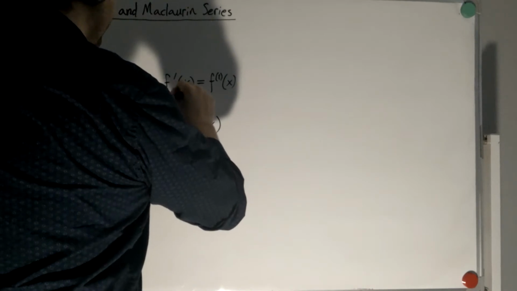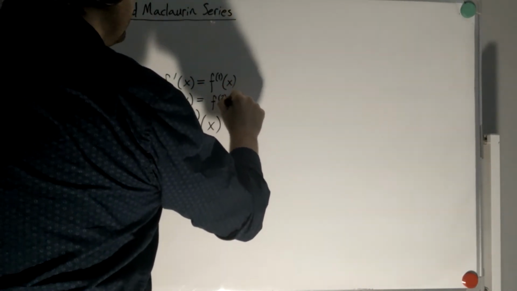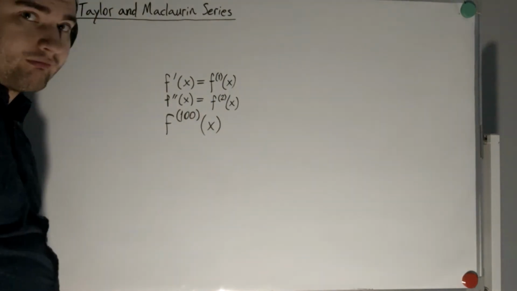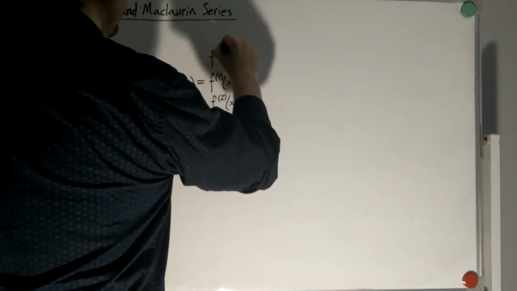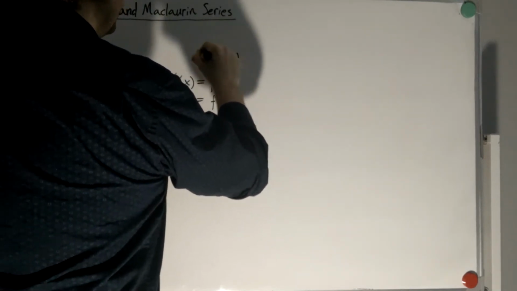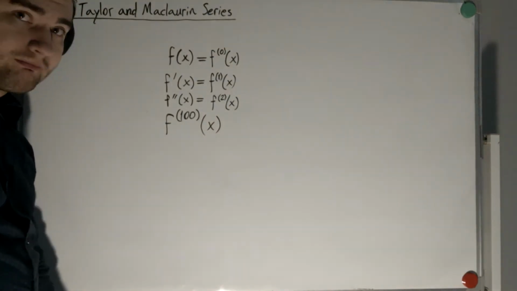The second derivative would be f parentheses 2 of x. And just for notational convenience, we'll also define f parentheses 0 of x. This is just the original function f. Okay?